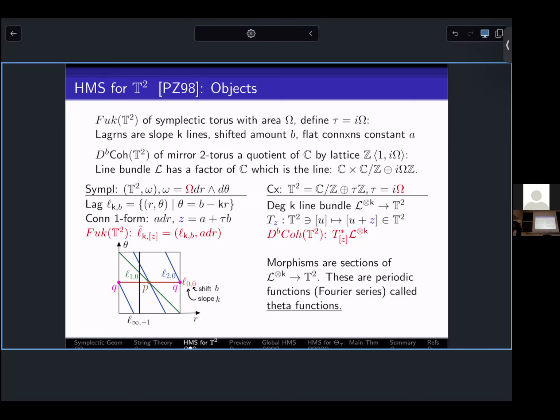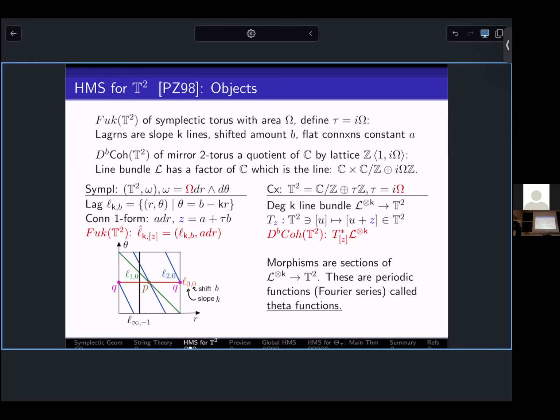One is the amount b, so like this line here goes through 0, but we could also say this one is slope 1 that wraps around here. We also allow what we call L infinity, so these vertical Lagrangians. So this is one that's at r equals -1 here. So the b is a shift, and we allow another real number, which is a. So that's the holonomy e to the ia of the flat connection on this Lagrangian.